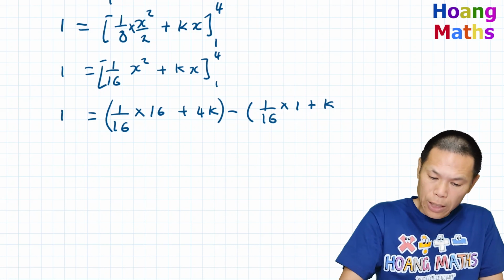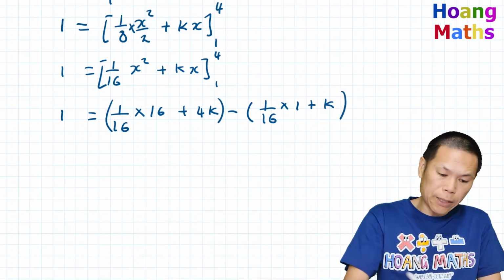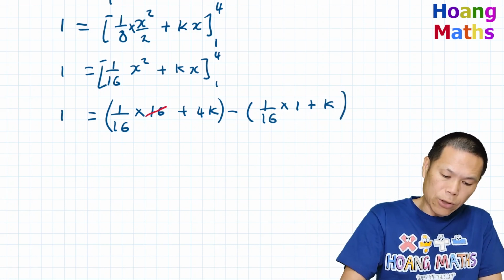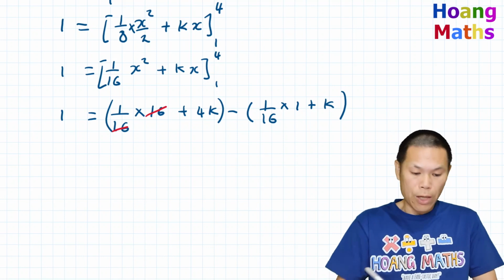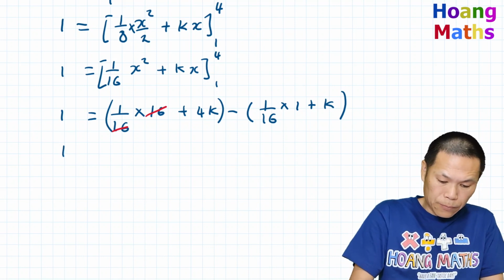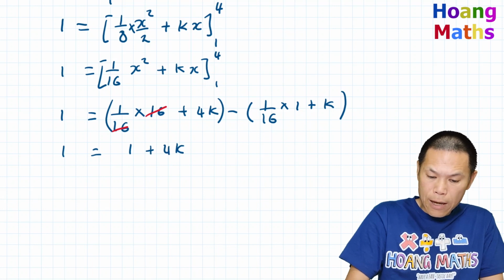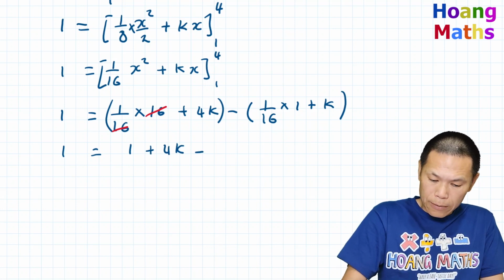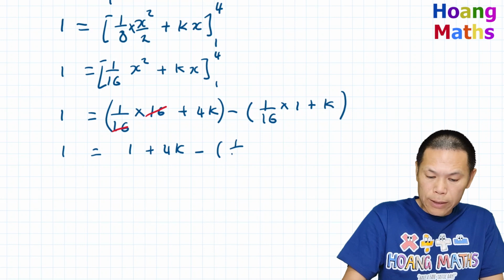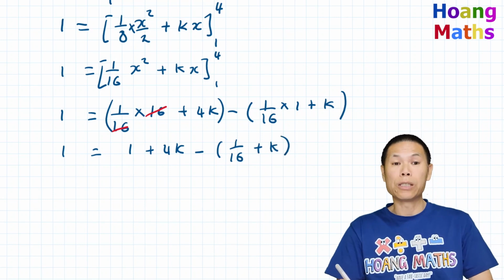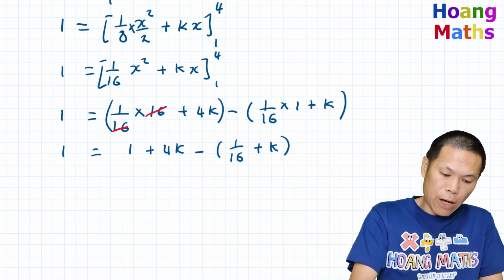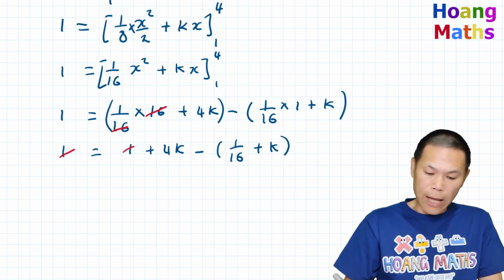So now let me simplify this. We know that these cancel out, that gives me 1. So 1 is equal to 1 plus 4k minus the bracket 1 over 16 plus k. We simplify further, and this 1 can cancel out.